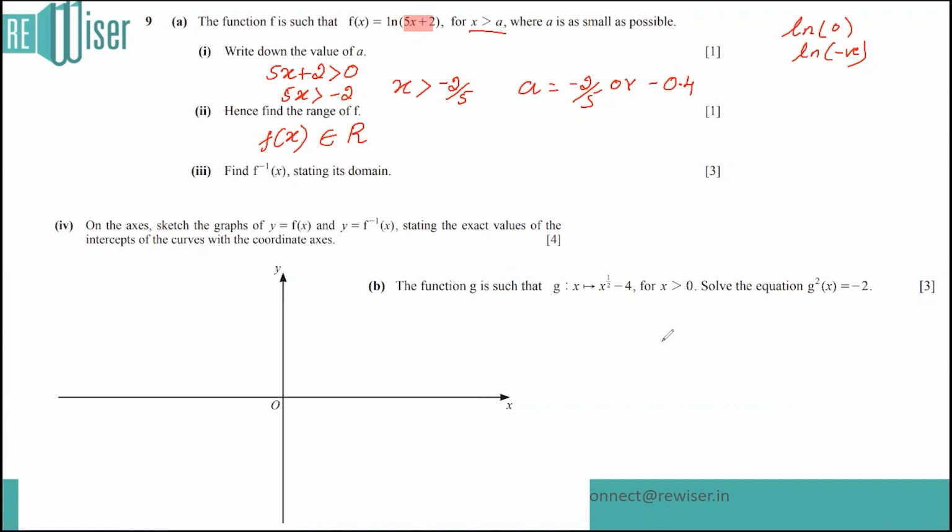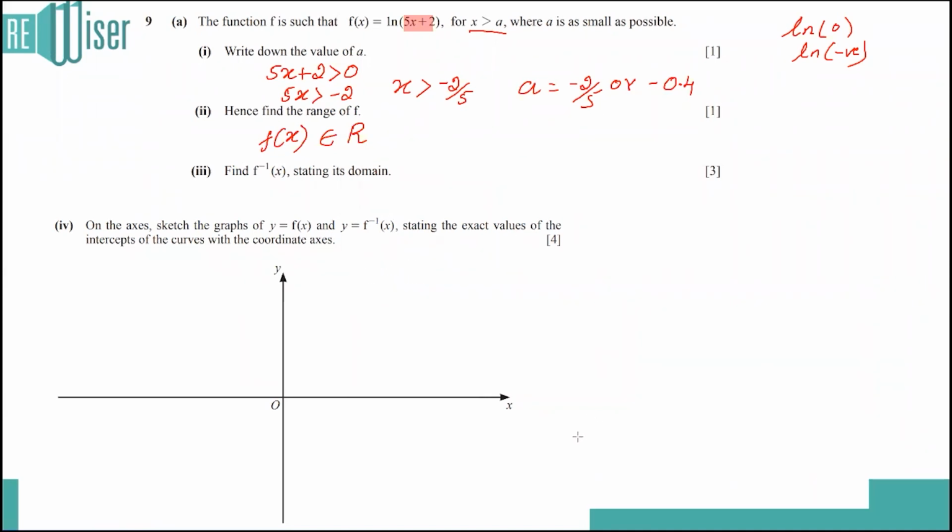And next, we need to figure out what is f inverse of x for part 3. In order to find f inverse of x, we have to follow a few steps. We know f of x is ln of 5x plus 2.